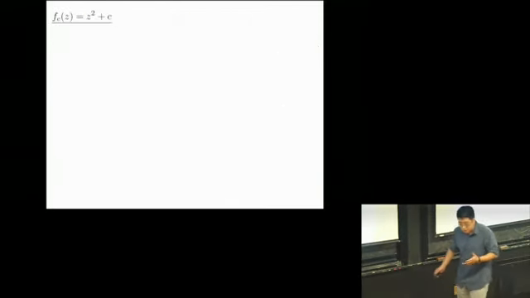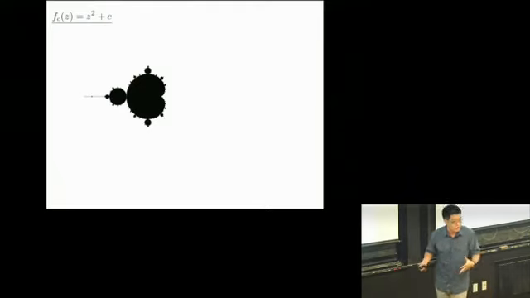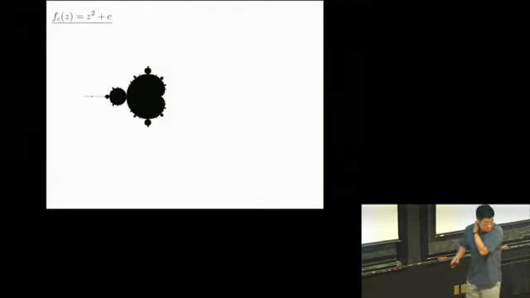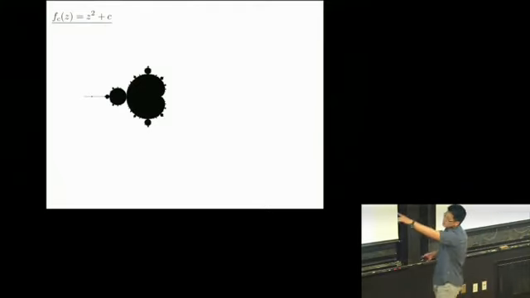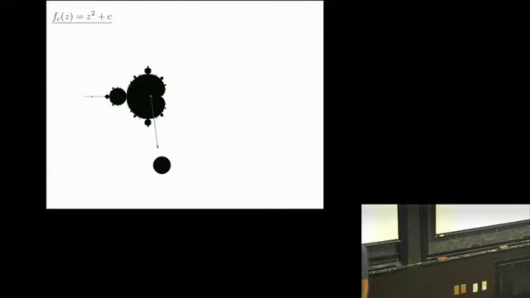Now let me give you a quick rundown of my results. Just for comparison, here is the visualization of the dynamics of quadratic polynomials. It's the very famous Mandelbrot set. Now this is where all the quadratic polynomials live. So for example, z squared lives at the center of the main hyperbolic component.